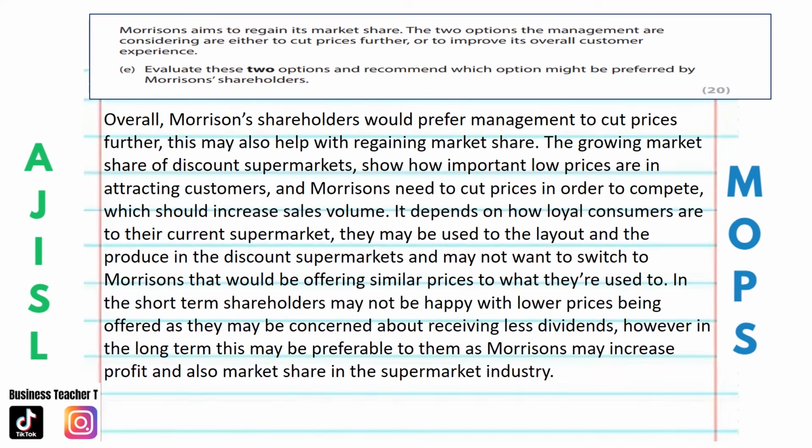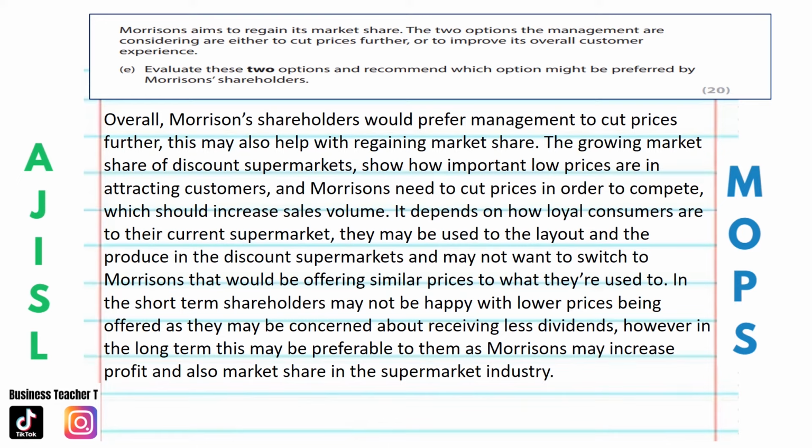Onto our recommendation. Now, as I go along, you will see ticks appear next to the acronym EDEXCEL, where I have actually spoken about a particular aspect of it. So I'll be ticking it off. And the one aspect of MOPS as well, you'll see that ticked off.